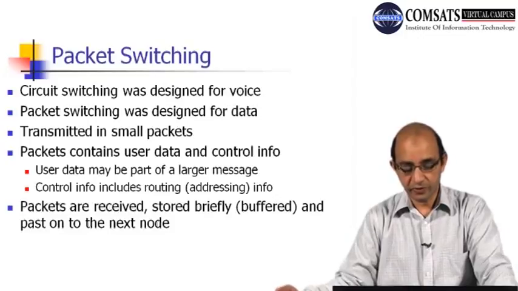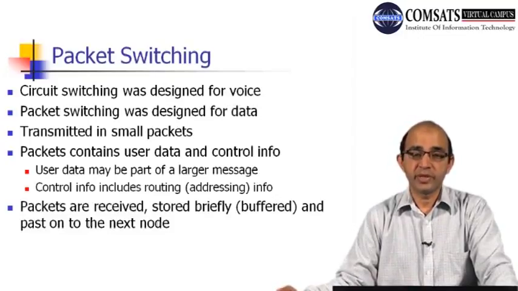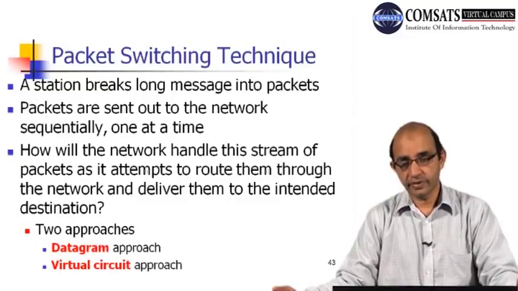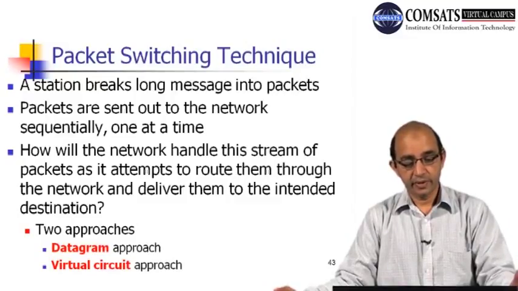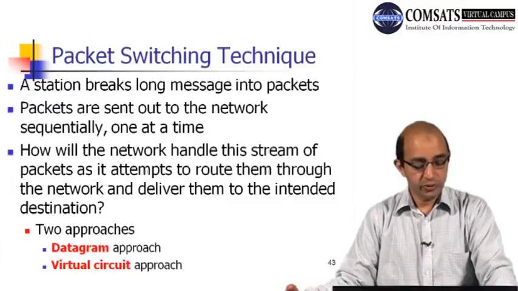We can also define buffers in order to overcome the problems that we encounter in case of packet switching. Then we have further classification of packet switching, right? In order to have better communication using the packet switching technique, those two different approaches are datagram and virtual circuit.